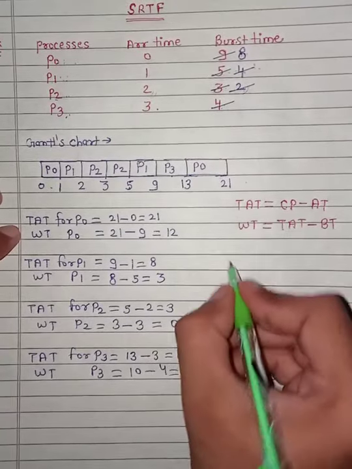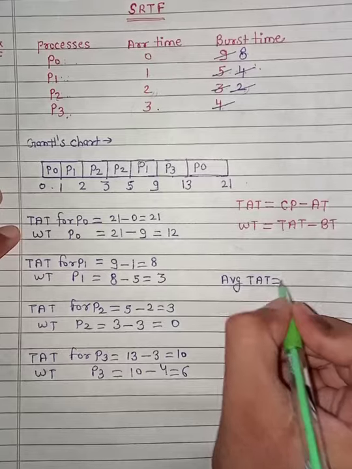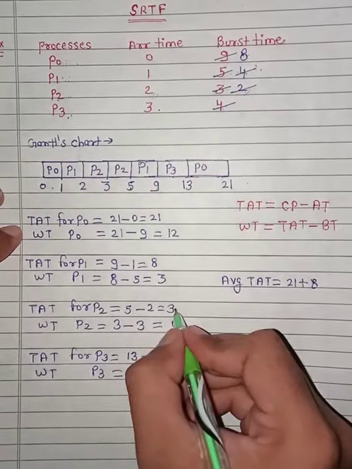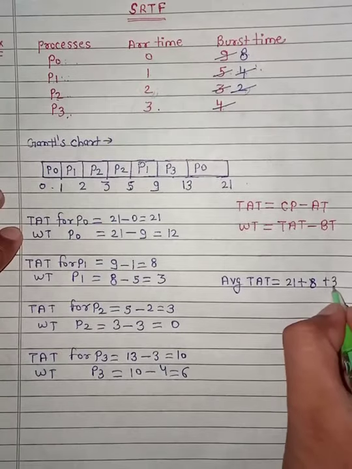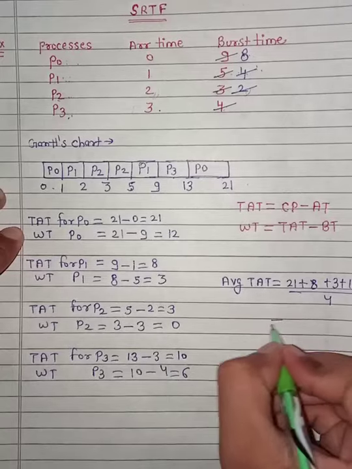So we can calculate the average turnaround time as 21 plus 8 plus 3 plus 10, divided by 4, because there are 4 processes.